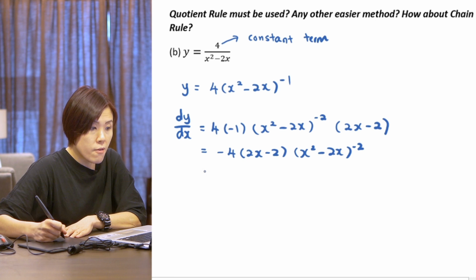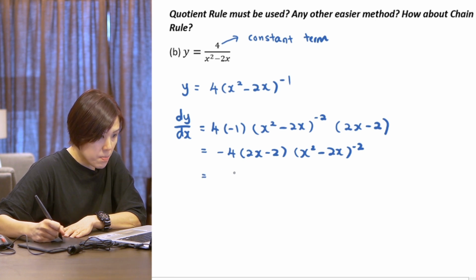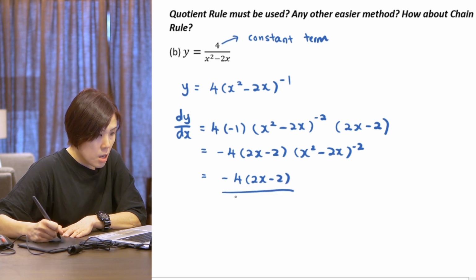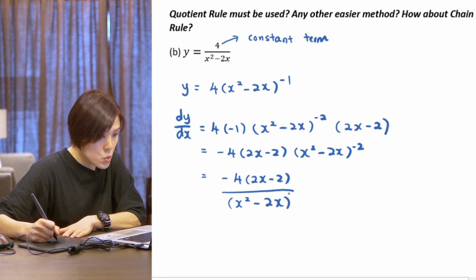And for the power negative 2, we can actually put this as a denominator, over x squared minus 2x to the power of 2.